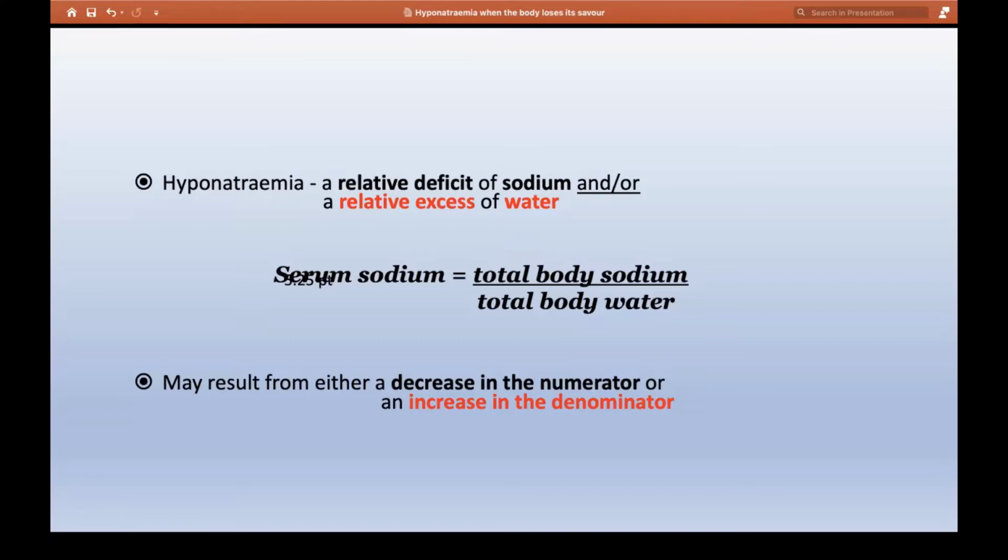So you see that there is an equation: sodium concentration equals total body sodium over water. Therefore, hyponatremia will come into existence because there's a decrease in the numerator, the one above the fraction, with or without an increase in the denominator, the amount of water.